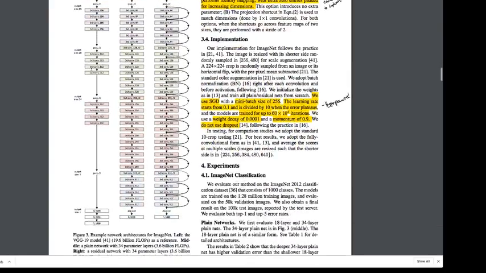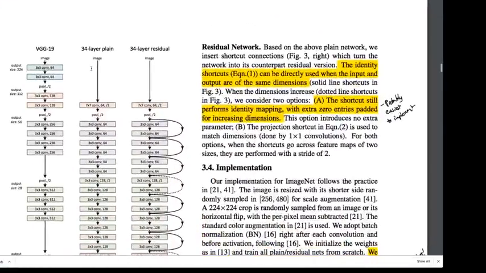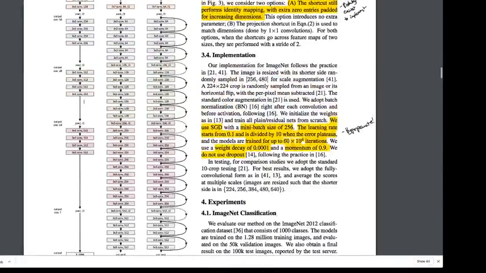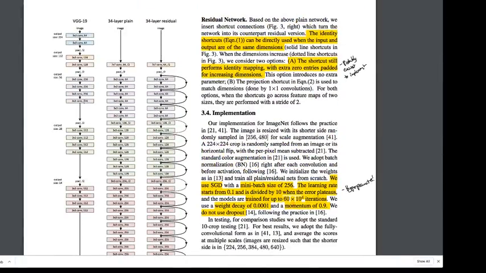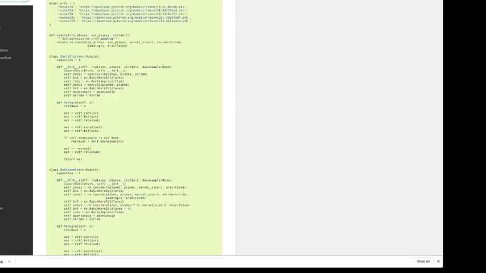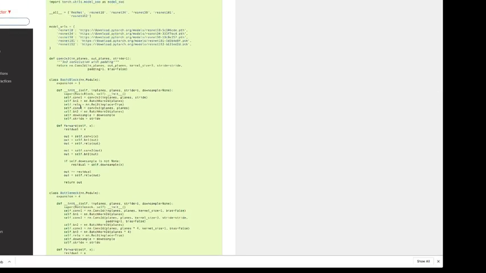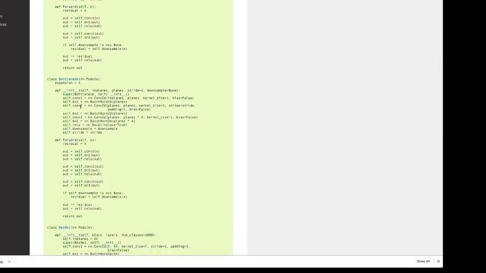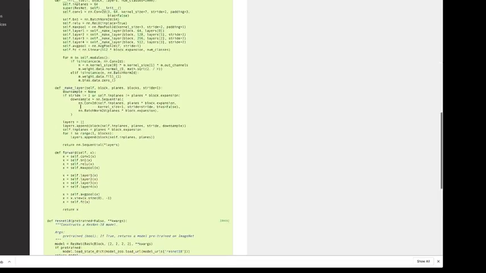You can see VGG19 has all these different things happening in it. ResNet is just kind of the same idea, stacked and stacked and stacked on top of each other. If you go look at the PyTorch code, they literally have this idea of a basic block, and we'll be implementing something very similar to that.